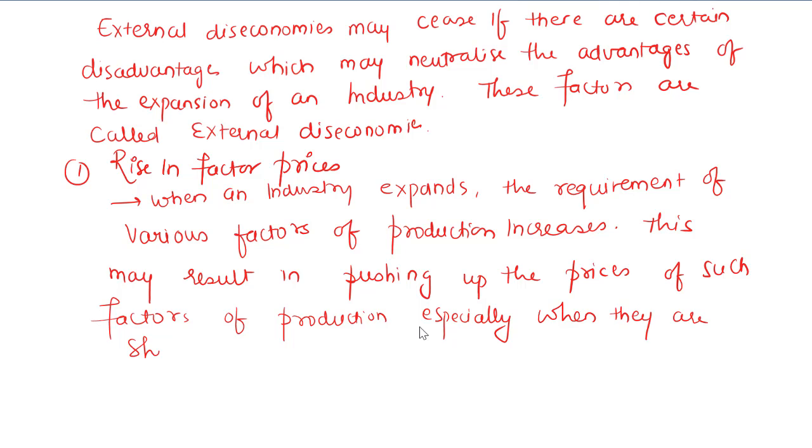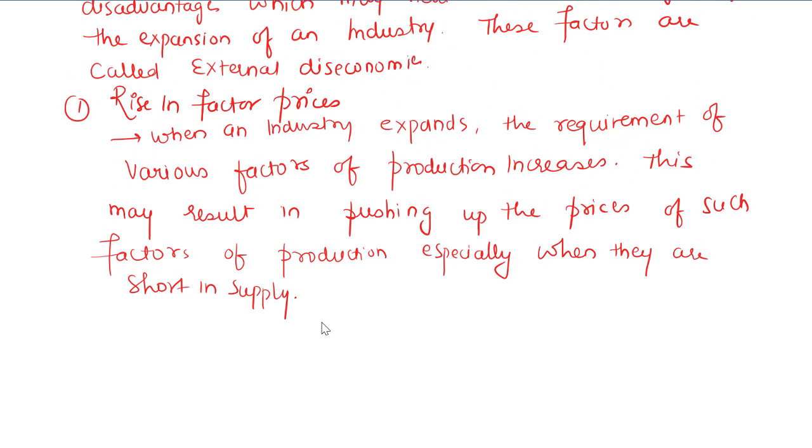So the first point we had seen is rise in factor prices. This will act as a diseconomy of scale.